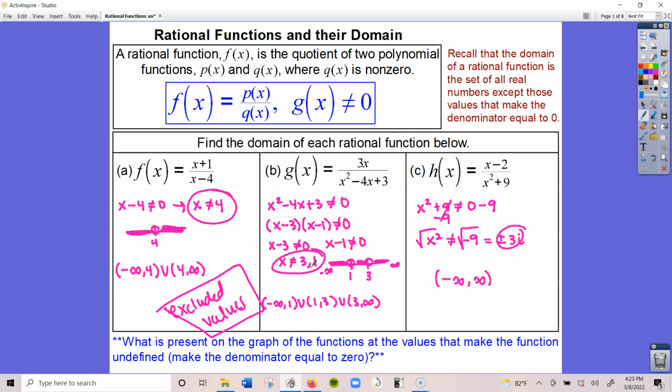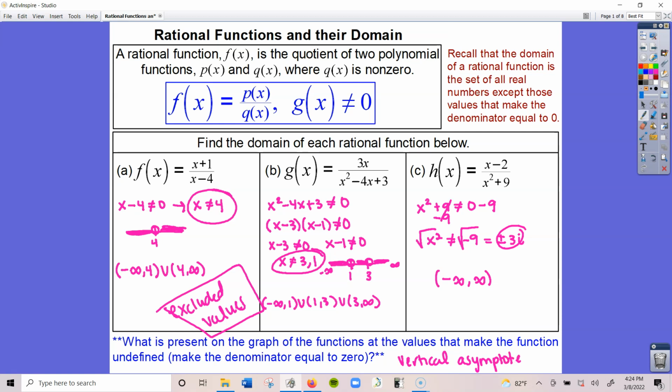At the same time, when you have 0 in the denominator, what that means is that we have vertical asymptotes on the graph. So for this question, what is present on the graph of the functions at the values that make the function undefined? For a function to be undefined, that means that the denominator is equal to 0. And like I said, that is your vertical asymptotes.